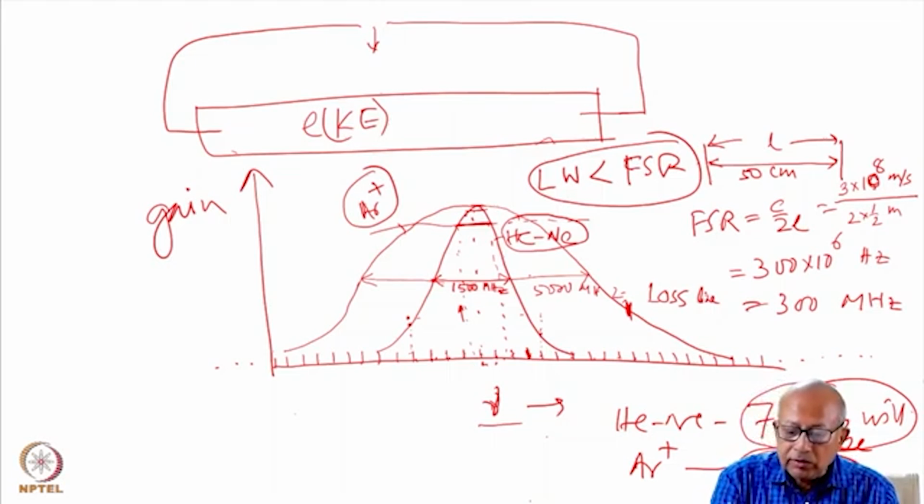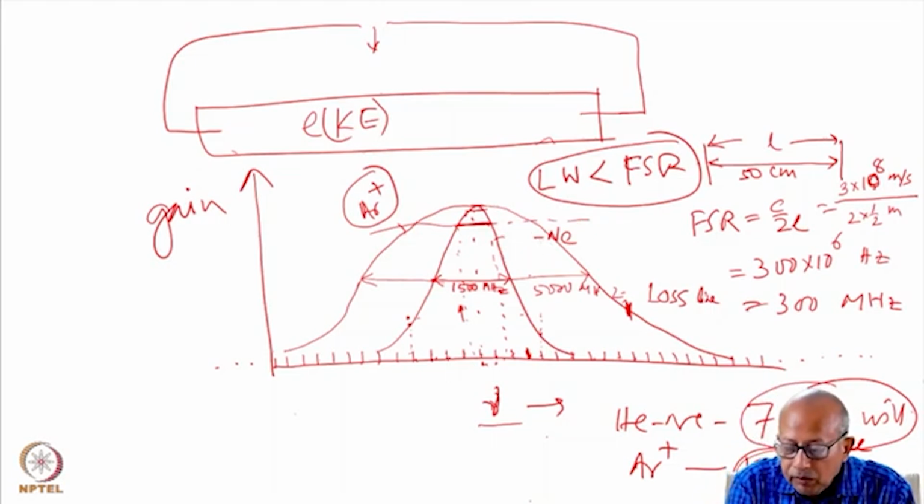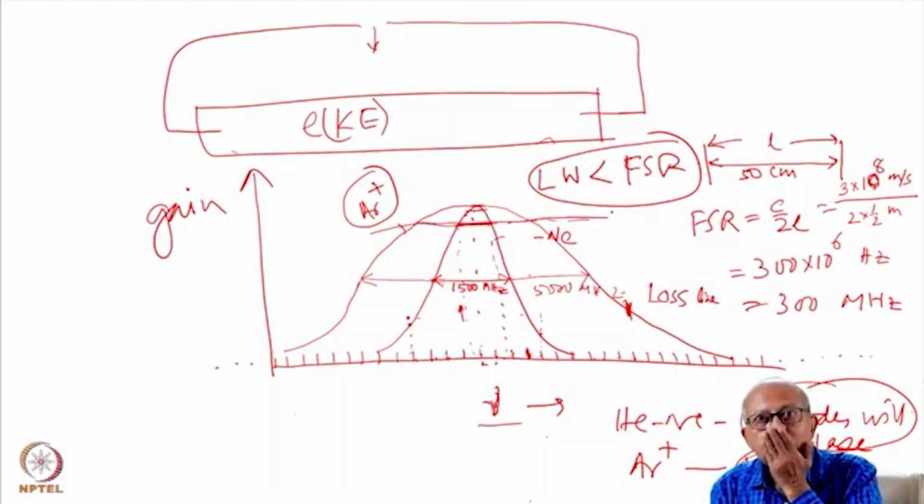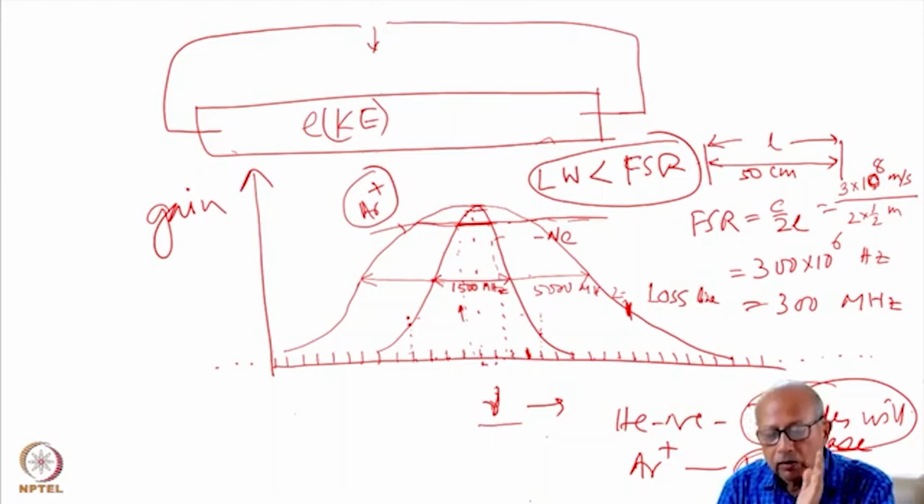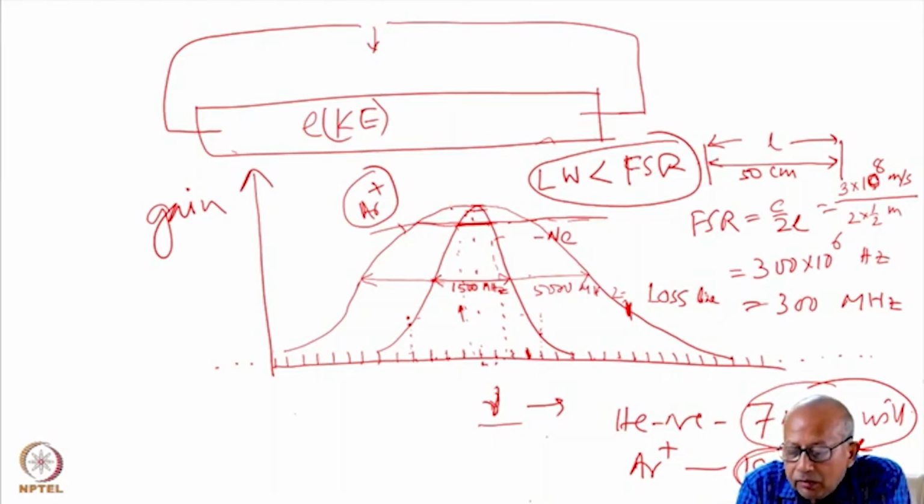Now, let us consider the case of argon ion. Can you force emission of argon ion laser on a single mode? Basically, the top of the gain curve of argon ion laser is so flat that 2 or 3 neighboring modes have almost similar gain.